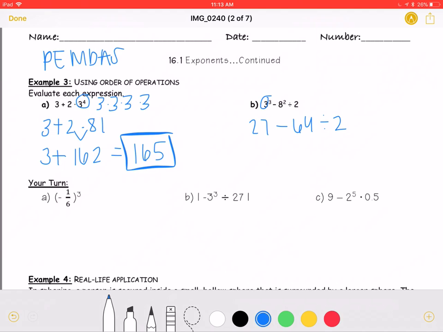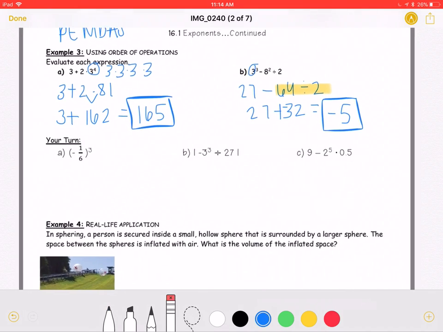I should do my division next. So 64 divided by 2 gives me 32. So now I have 27 minus 32. If you want to do keep, change, you can. Different signs you subtract. Take the sign of the larger.